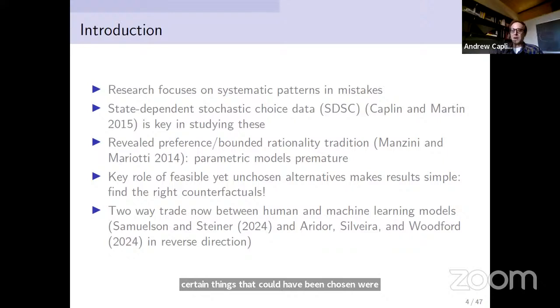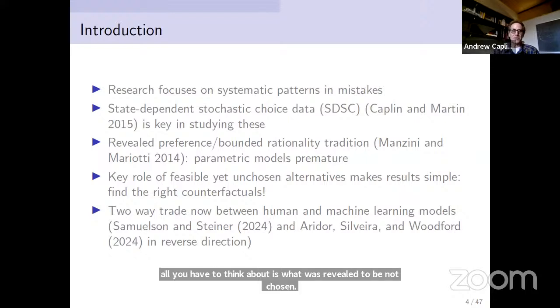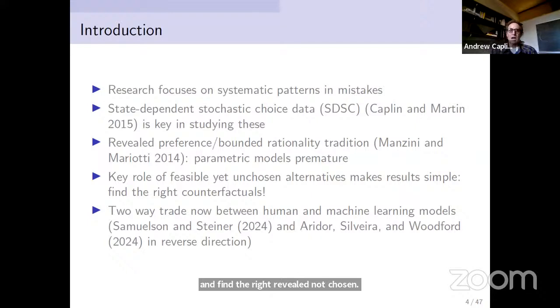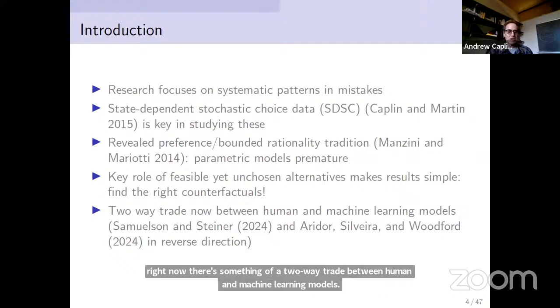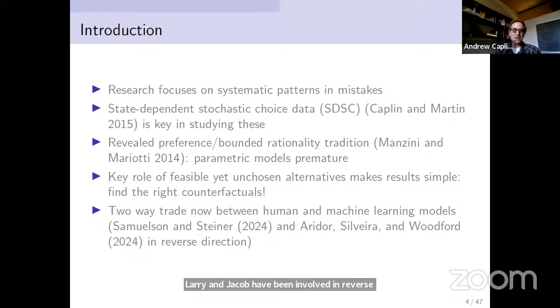And all you have to think about is what was revealed to be not chosen and find the right revealed not chosen to characterize the imprint of optimizing theories. And right now, there's something of a two-way trade between human and machine learning models. Larry and Jacob have been involved in the reverse direction, where you take a machine learning model and you think how that applies to a human.